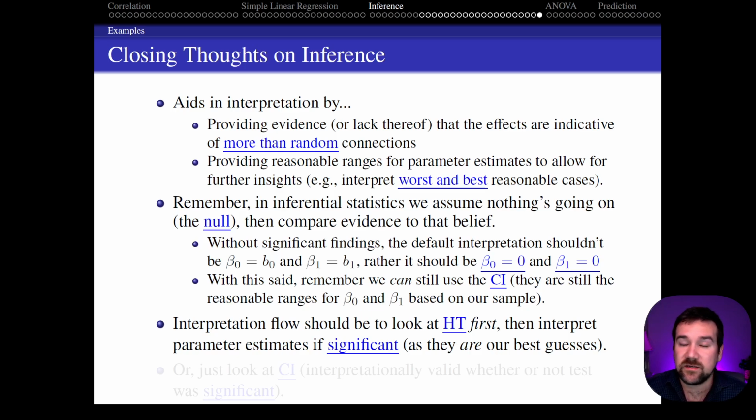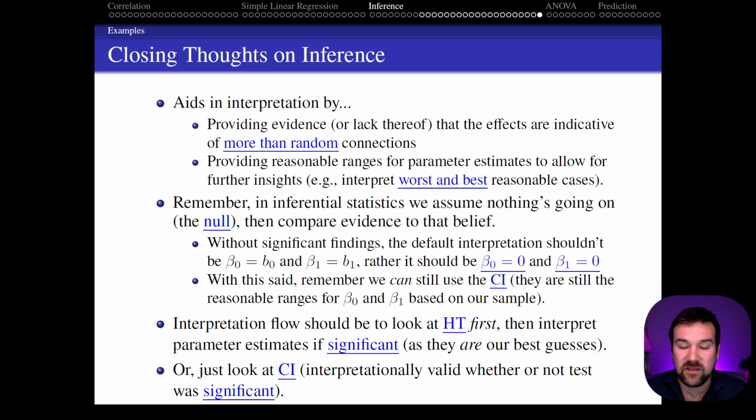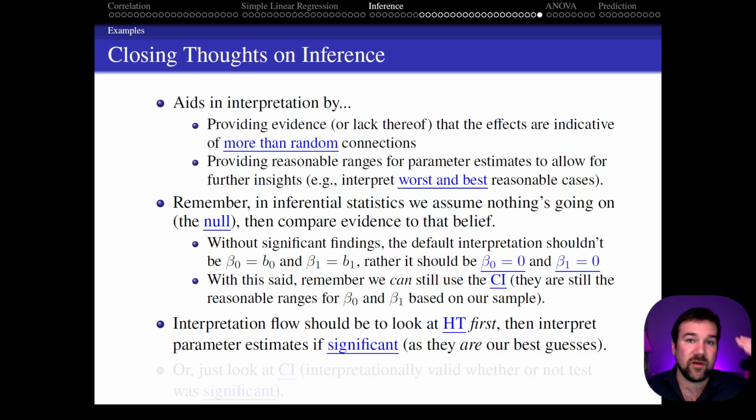Because of this, the interpretation flow should look at the hypothesis testing first. If the hypothesis test is significant, then we interpret the parameter estimates that are significant. And typically when I interpret the parameter estimates that are significant, I'll use the confidence interval to give me the low and the high value in my interpretation.